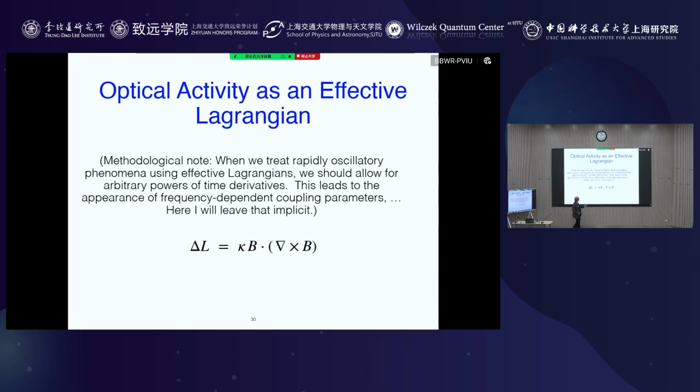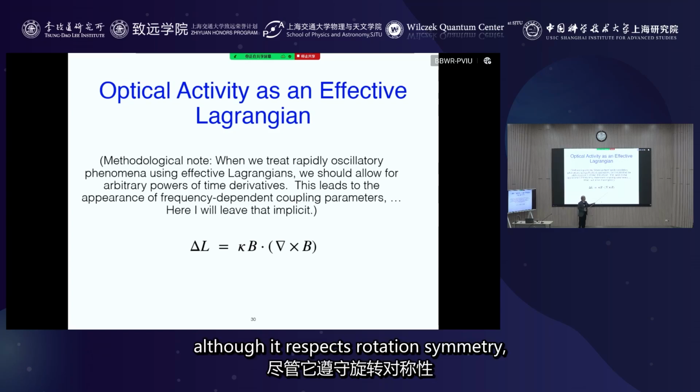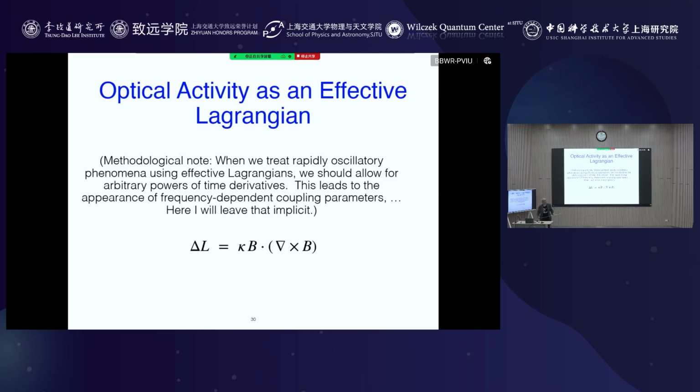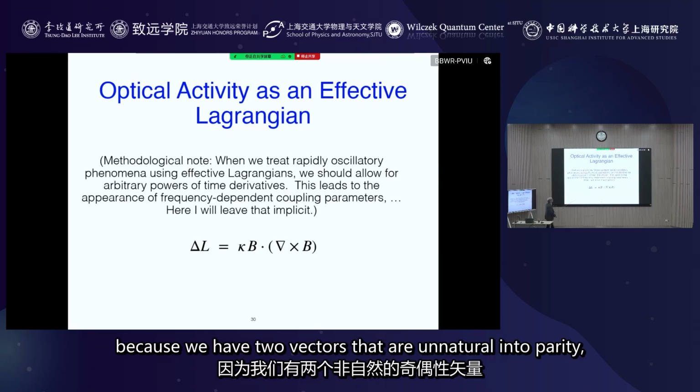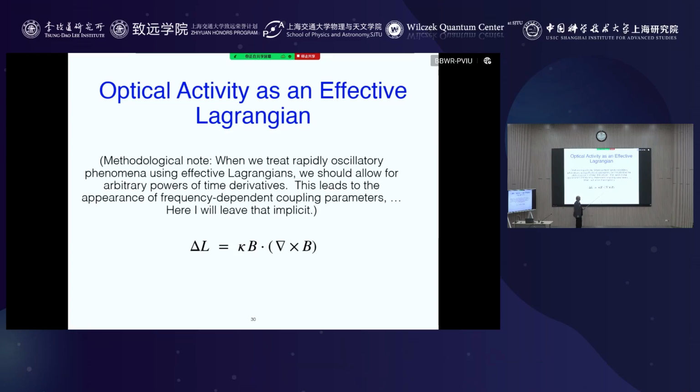Now, this one, although it respects rotation symmetry and time reversal, violates parity. Right? Because we have two vectors that are unnatural under parity, one that's natural.